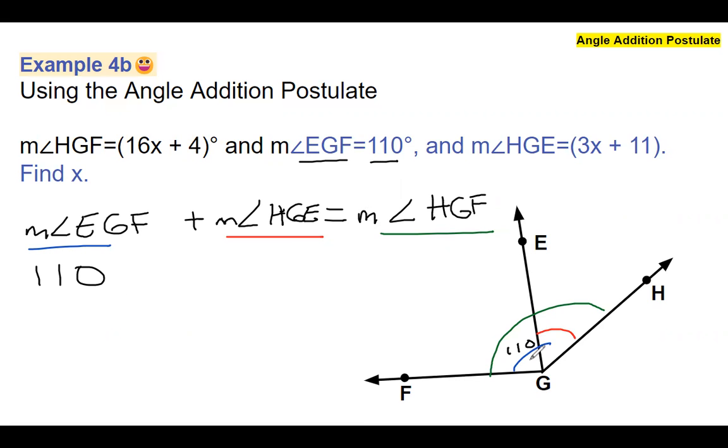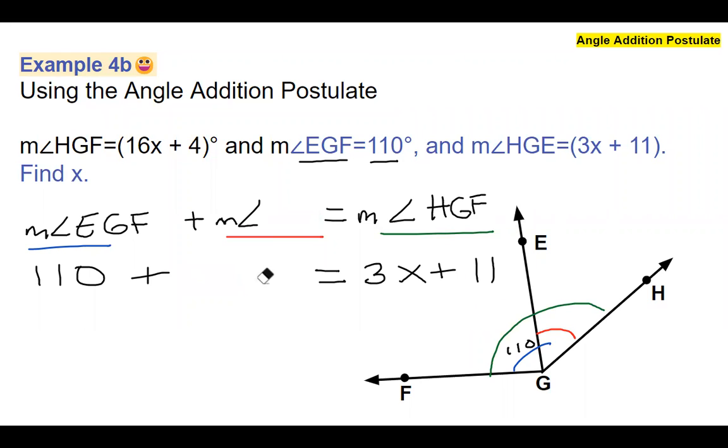Brenda, what other information do we have? HGE, which is what? There you go, 3x plus 11. And you know this, Brenda, what's the other information that we're given? HGF, which is 16x plus 4. Do I have it mixed up yet? Yeah. Okay, let me go ahead and fix it, guys.